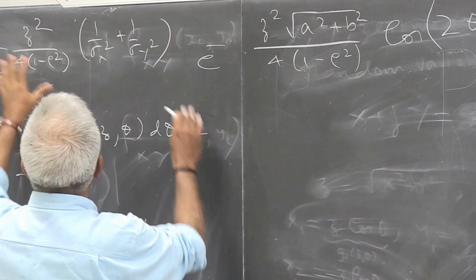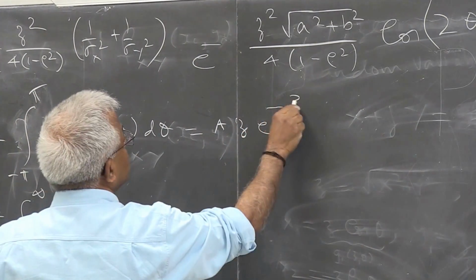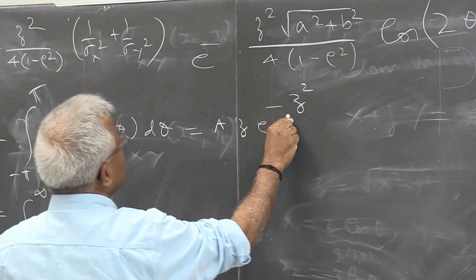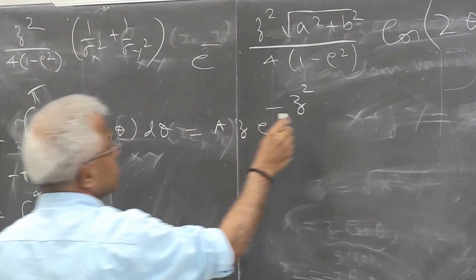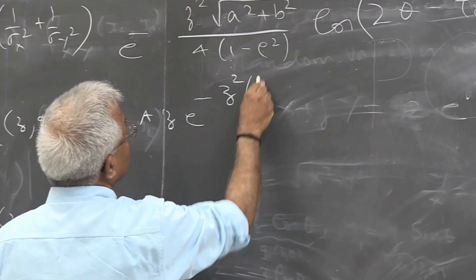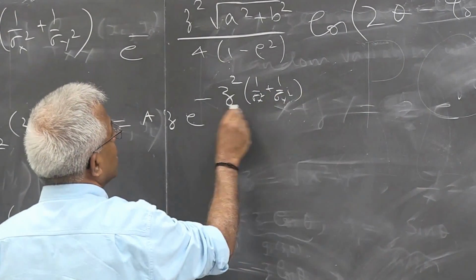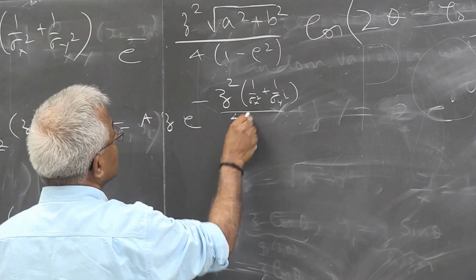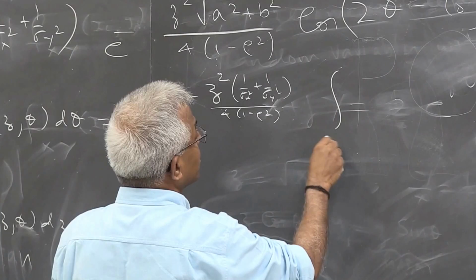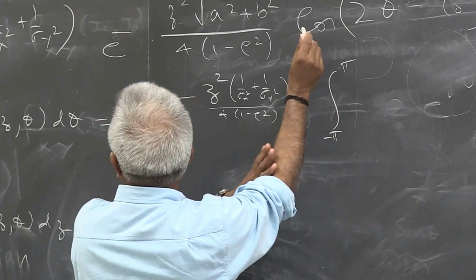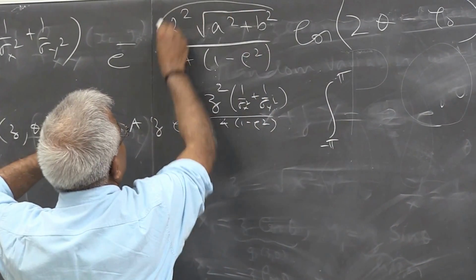So this integral is this constant times e raised to minus z squared over, this whole thing is a constant, right, 1 over sigma x squared plus 1 over sigma y squared, divided by 4 multiplied by 1 minus rho squared. Then what you have is minus pi to pi, right, e to the power, let me call this b.